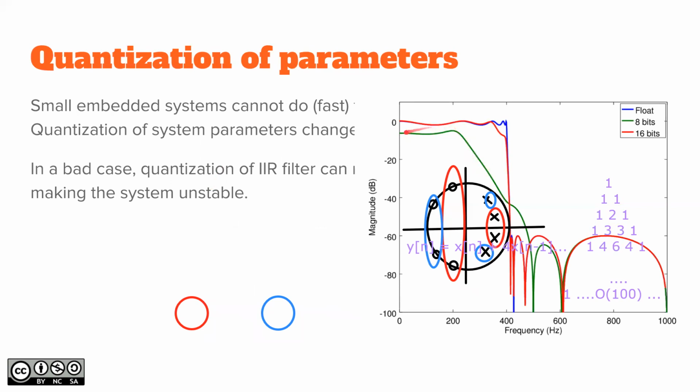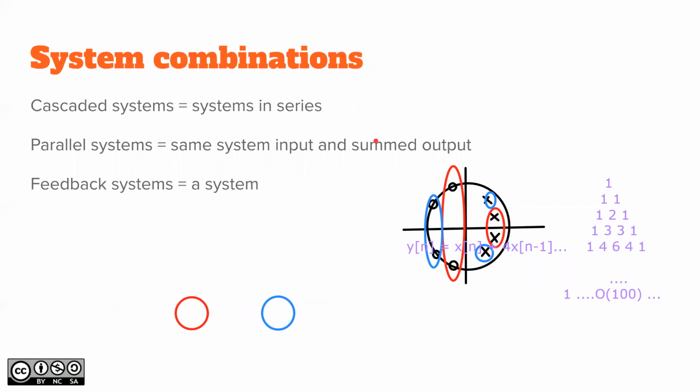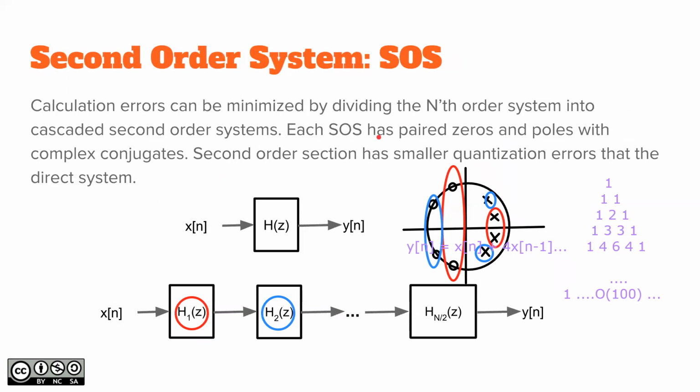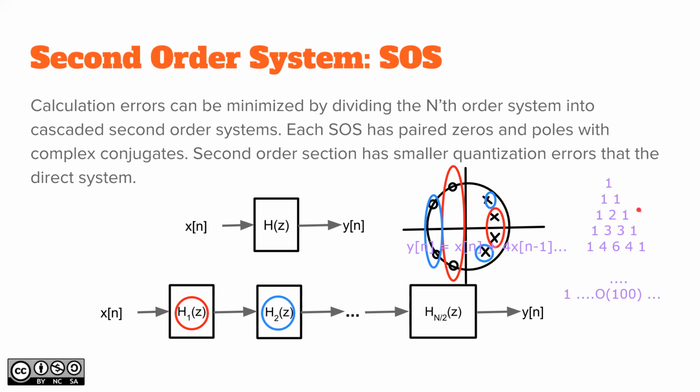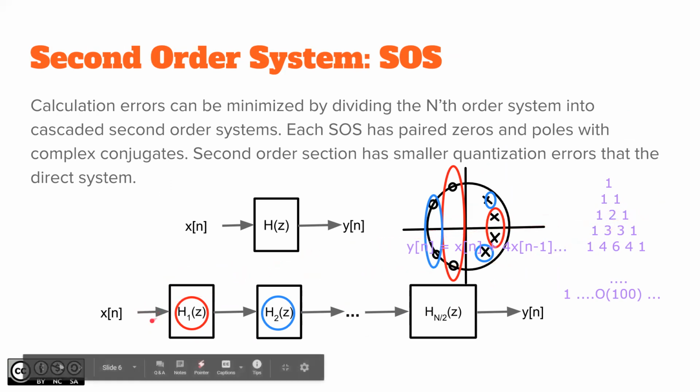Direct form will start summing up the errors compared to this second order system representation or implementation. So here we have about the same order of magnitude fractional errors in all filter coefficients if we break those into second order systems.